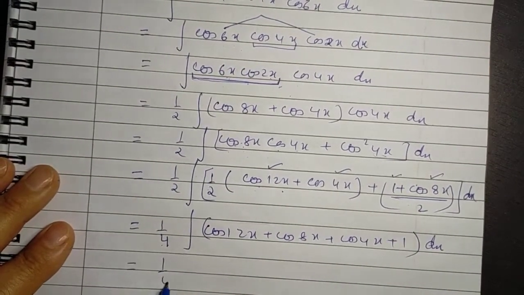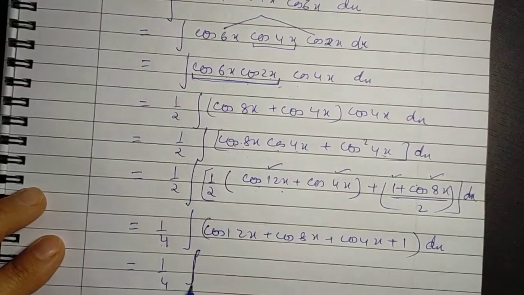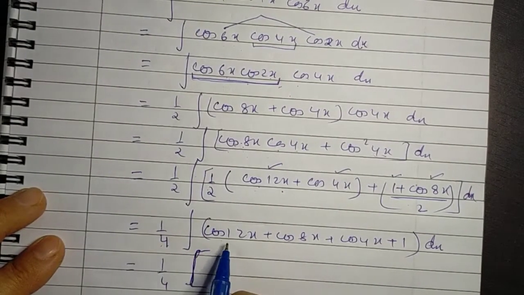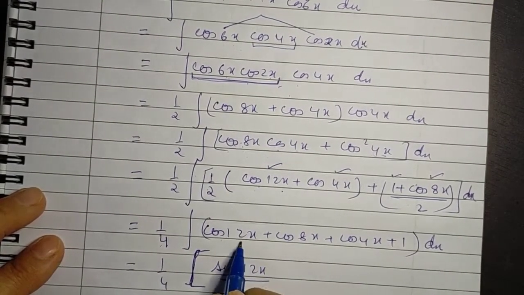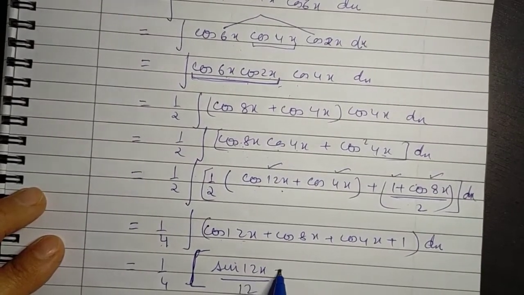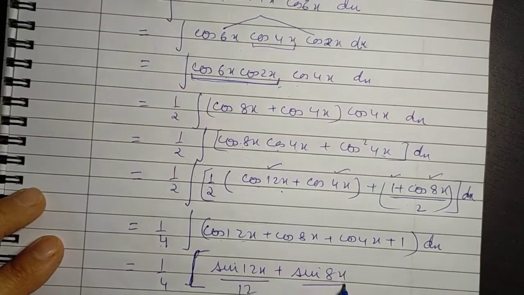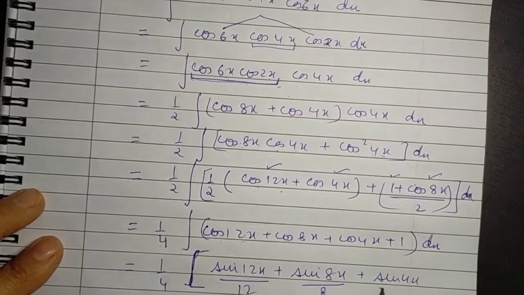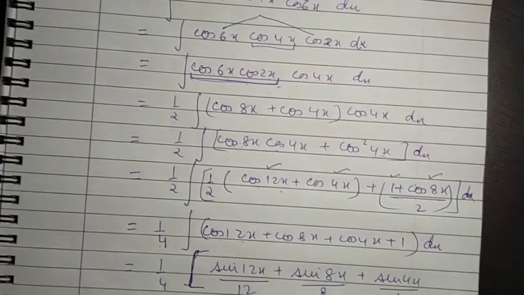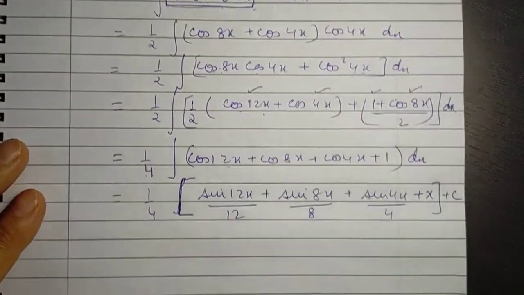Now we apply the integral. Integral of cos is sine. So sine 12x upon the coefficient of x, which is 12, plus sine 8x upon 8, plus sine 4x upon 4, plus x, plus a constant.